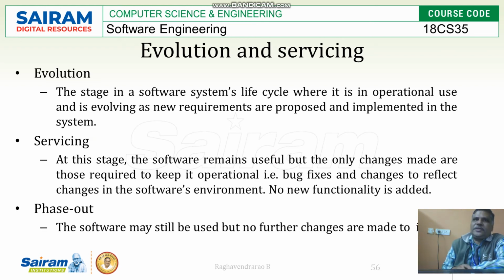This is what it says here. Evolution is nothing but a new cycle that is generated, new operations are going to evolve, and the requirements, validation and implementation are going to be done. Servicing is where the software remains the same, but only the changes are made, and some bugs are fixed.